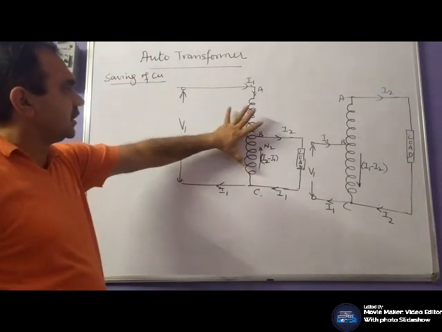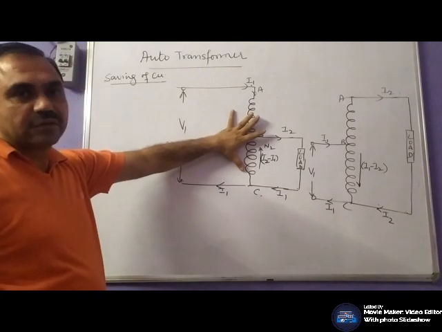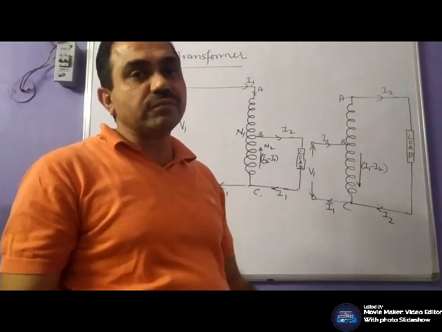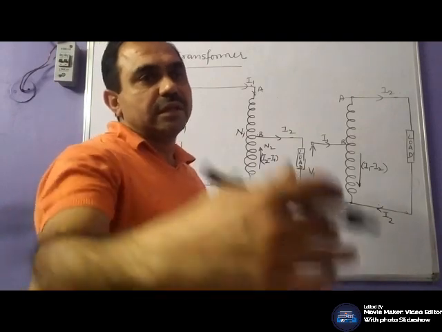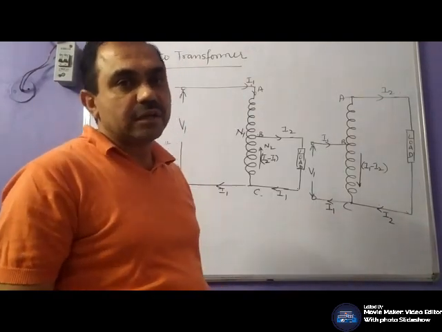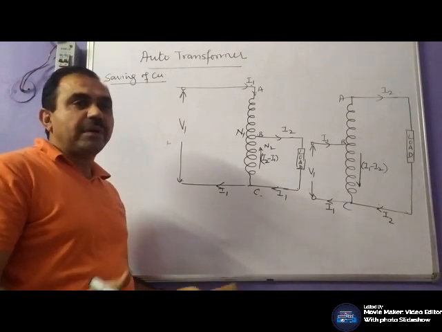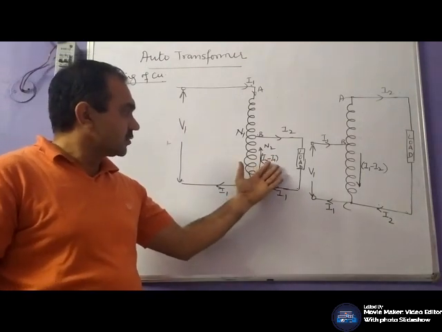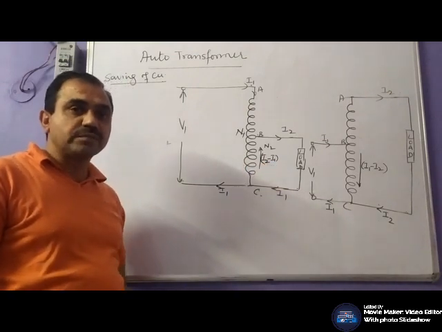Let us consider this step down transformer. The weight of the copper depends upon the length of the conductors, and length depends upon the number of turns. The cross-sectional area of the conductor depends upon the current.